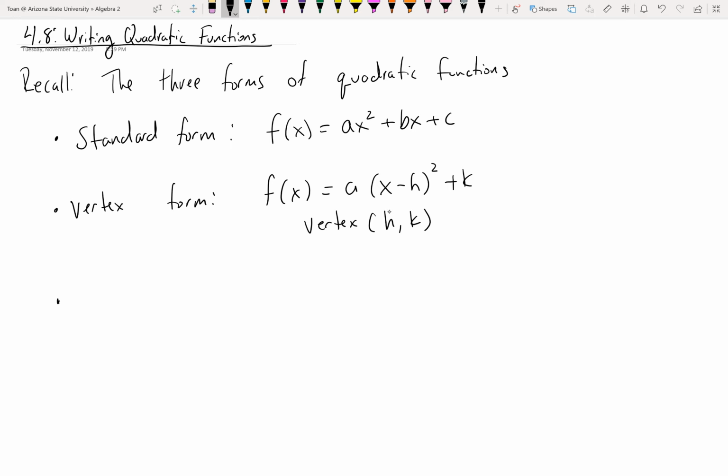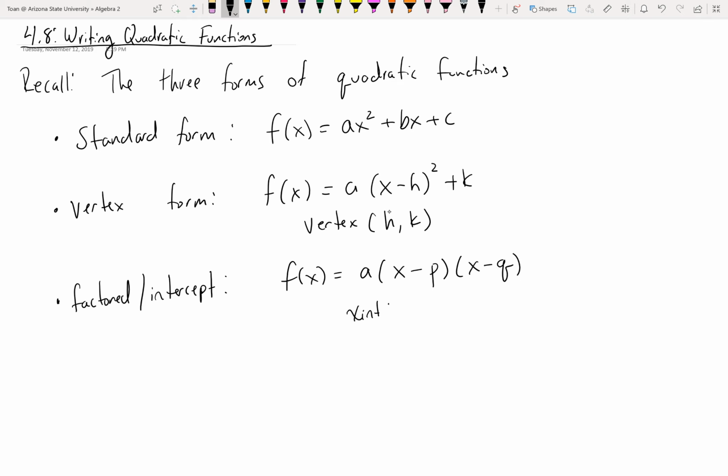And then lastly, we have factored form or intercept form, which looks something like f of x equals a times x minus some number p times x minus some number q. And the idea is that you should be able to solve for the x-intercepts really easily because the x-intercepts will be located at whatever the first parentheses equals 0, and whatever the second parentheses equals 0, and then you go ahead and solve it.